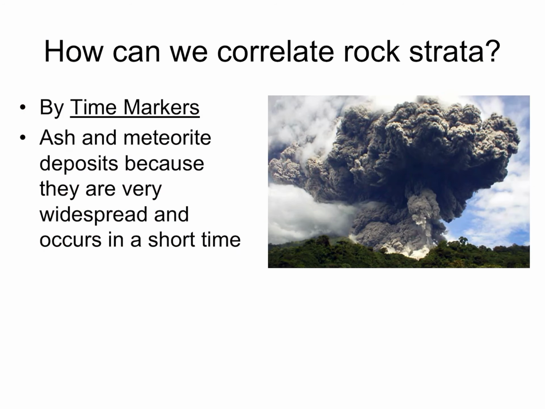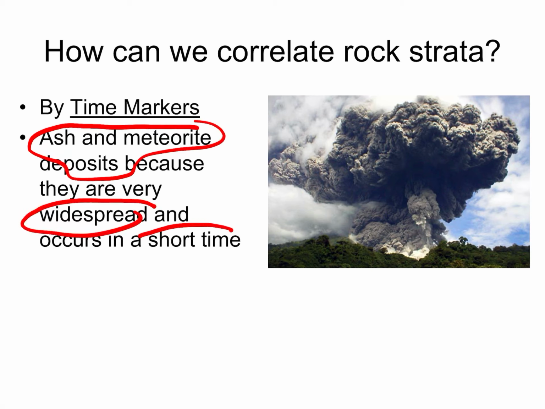All right, other time markers that we could use would be ash and meteorite deposits. Anytime a volcano erupts, it's going to deposit this huge layer of ash, and it's going to be very widespread, and it happens for a short amount of time. It's an excellent time marker. And same thing with meteorite deposits.